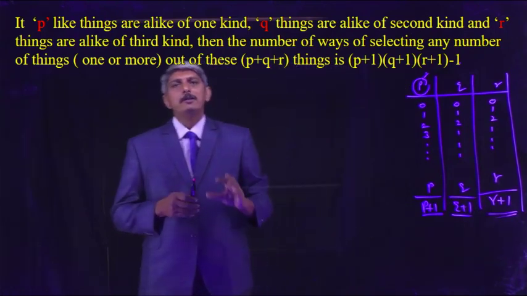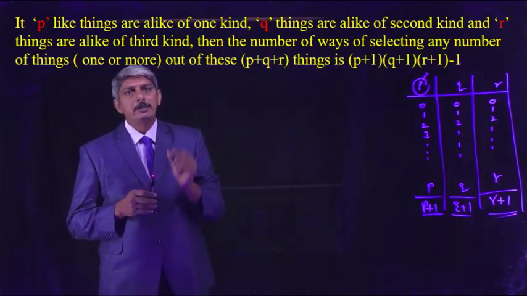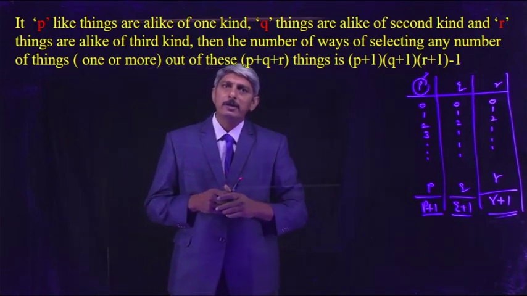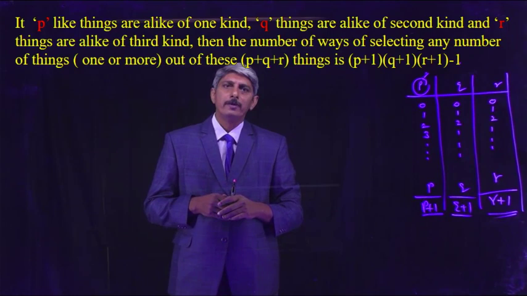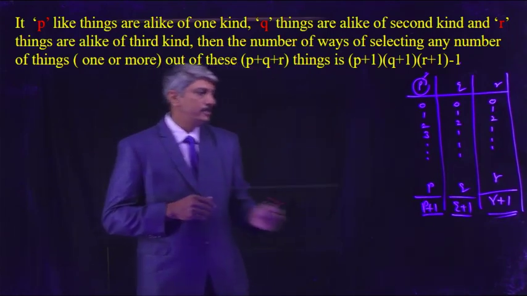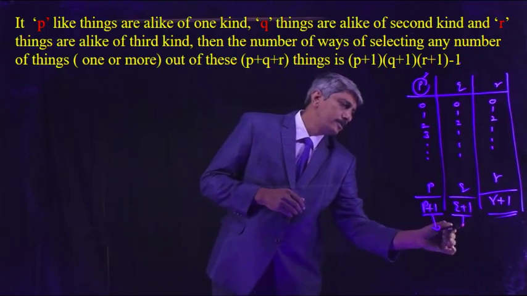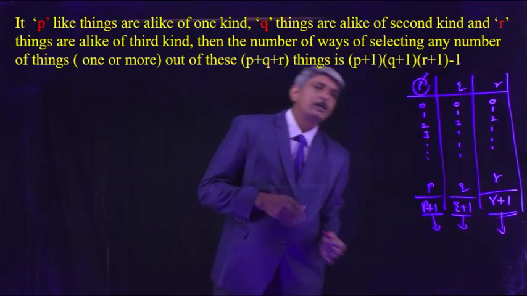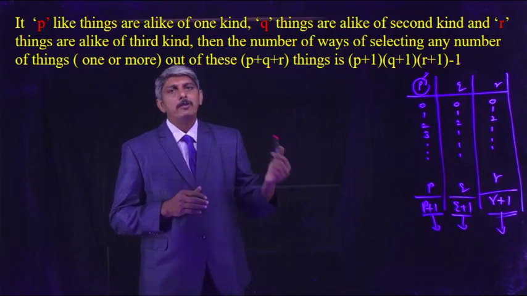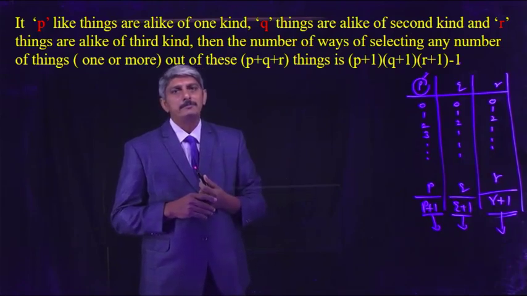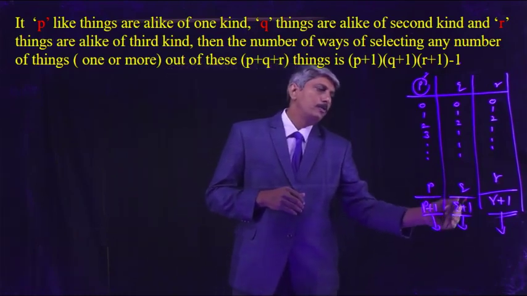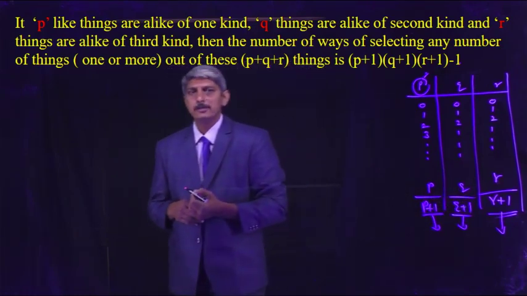So given three types, P like things of one kind, Q like things of the second kind, R like things of the third kind, we split the problem into three operations: first, second and third.